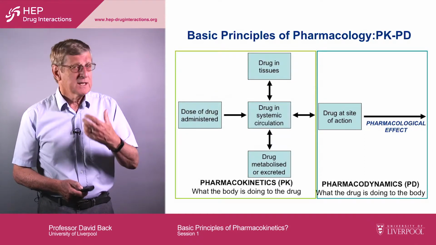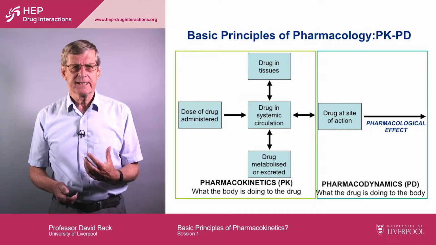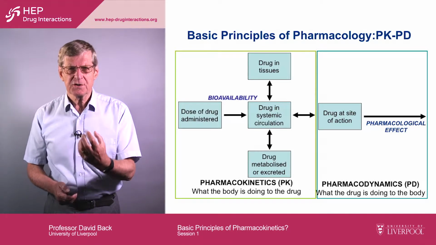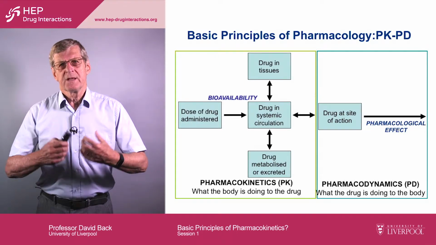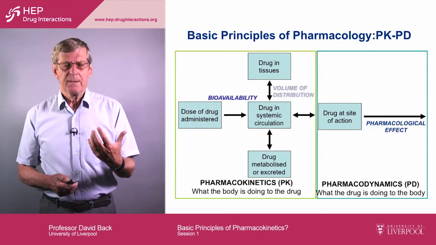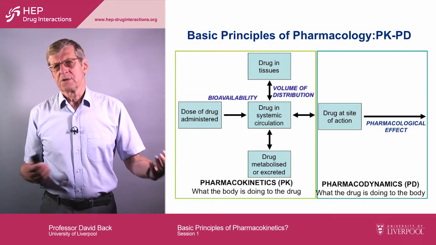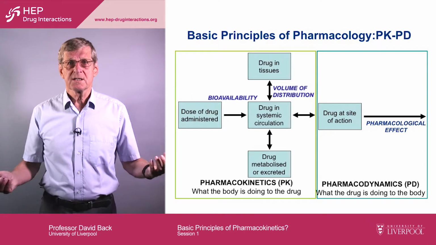Now we can go further and we can define certain key pharmacokinetic concepts. So bioavailability: how much of the drug which you take is actually available within the bloodstream? That's bioavailability. And then we have a parameter called volume of distribution. Where's the drug going? You want the drug, for example, to act in the CNS, in the brain, but where else is it going in the body?